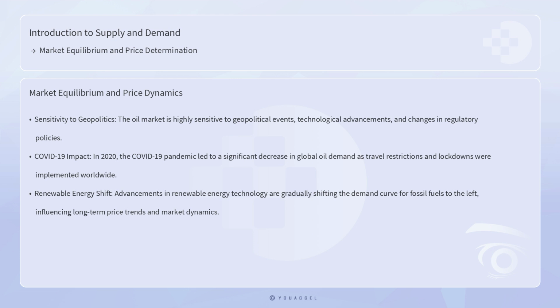This demand shock led to a sharp decline in oil prices, forcing producers to cut back on supply to restore market equilibrium. Similarly, advancements in renewable energy technology are gradually shifting the demand curve for fossil fuels to the left, influencing long-term price trends and market dynamics.